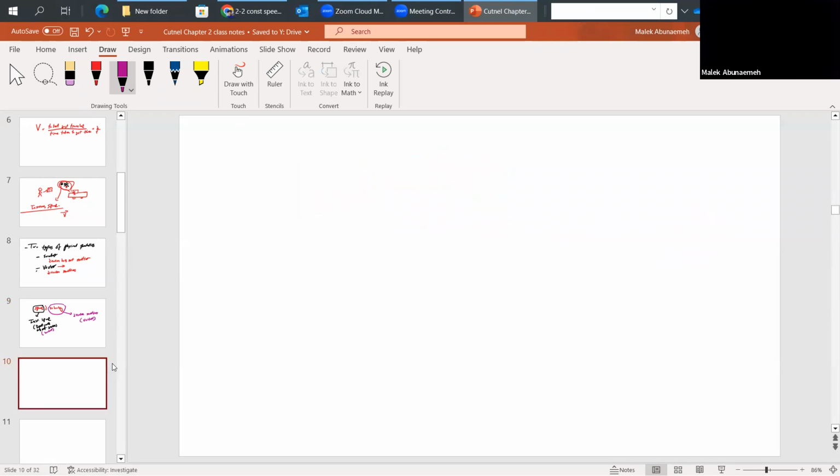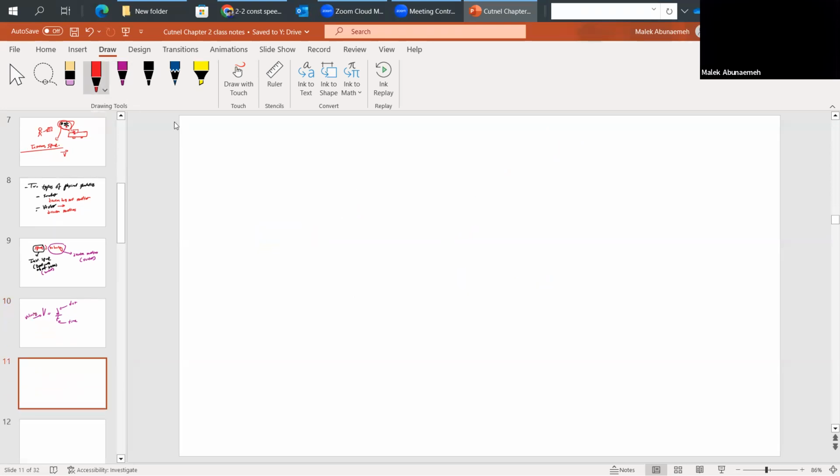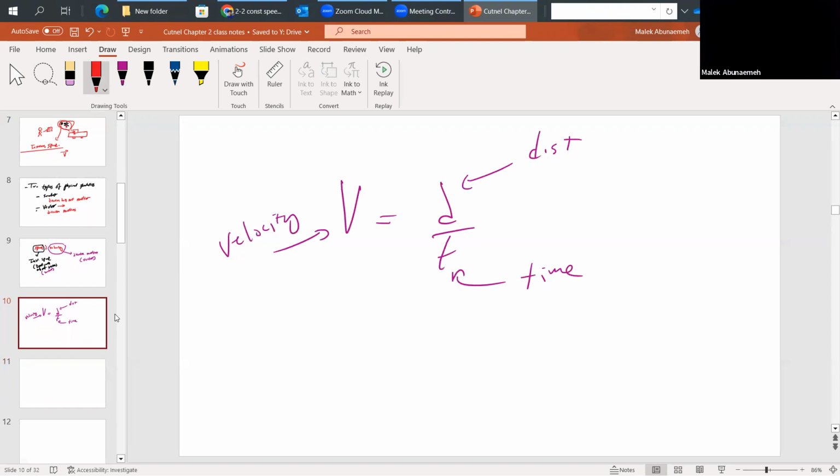So your velocity equals your distance over your time. This is your distance, this is your time. Now, if we cross multiply and solve for the distance, your V equals D over T, which means distance equals your velocity times your time.